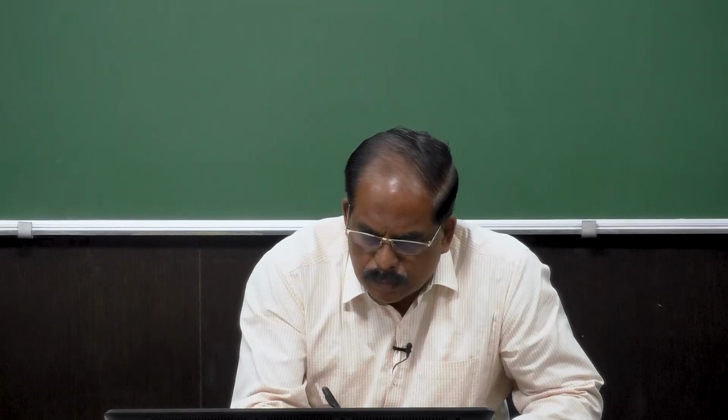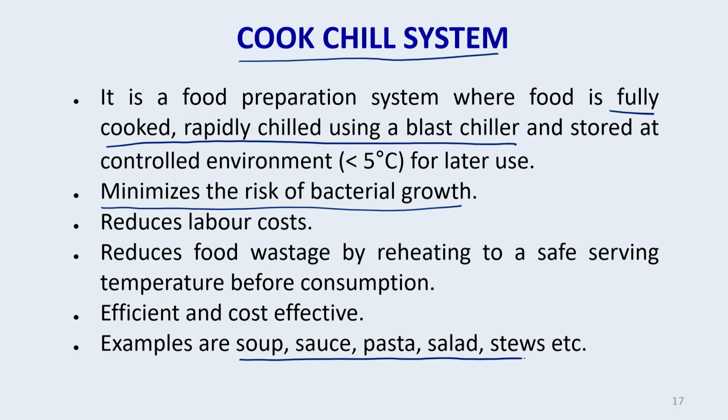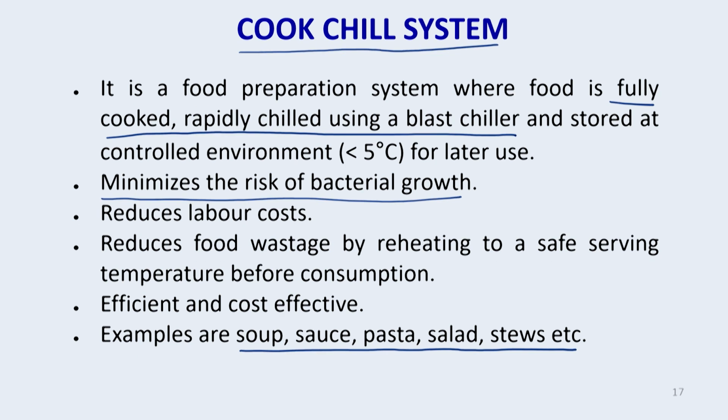Examples are soup, sauce, salad, etc. So in layman's terms, in the cook chill system the product is cooked, after which it is chilled with the help of a blast freezer and stored in a controlled environment.